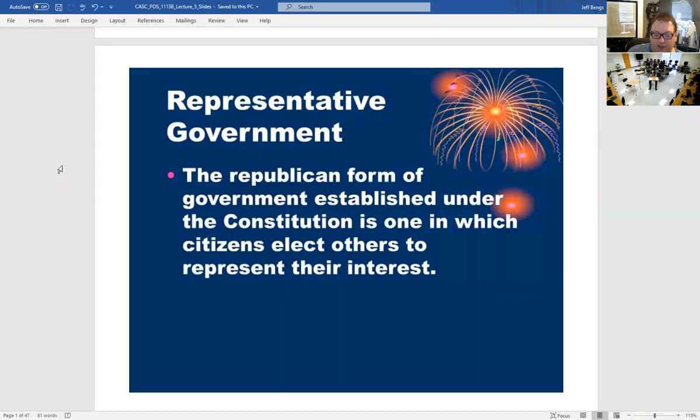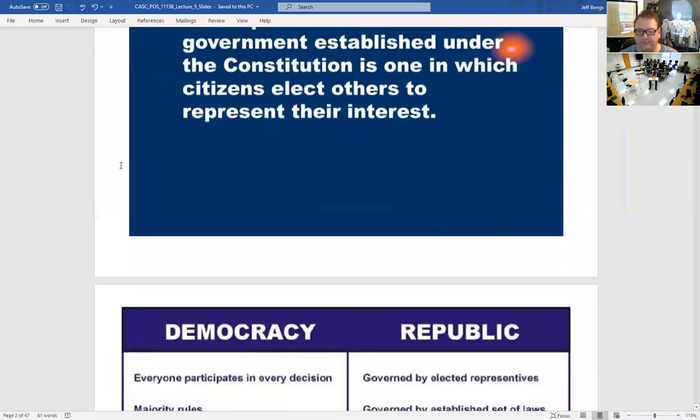Individual liberty of all citizens is more important than just the individual liberties of the majority. Because certainly, and it's happened in history, the majority in rule will take advantage of the minority.